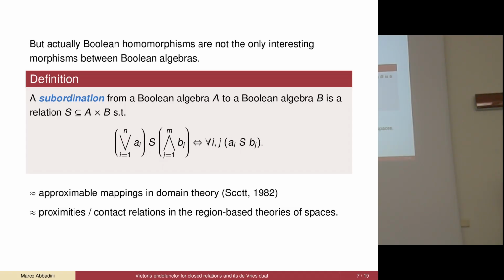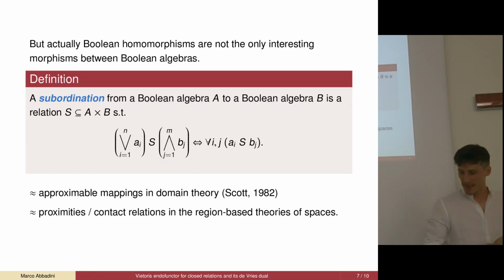You should think of a subordination as a less-or-equal between possibly two different Boolean algebras, with the axioms of a less-or-equal. Certain axioms you cannot express, like reflexivity, because the Boolean algebras might be different. But this one you can: a join is related to a meet if and only if each disjunct is related to each conjunct.